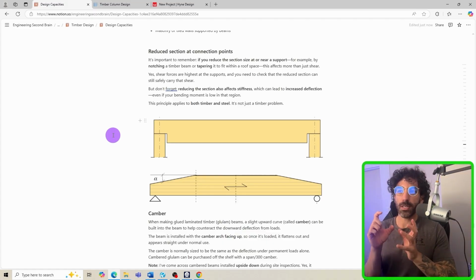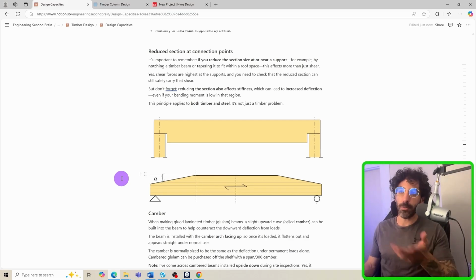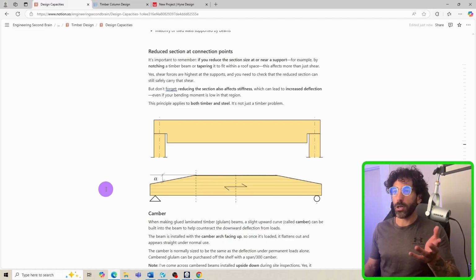Yes, you're reducing the section size close to the supports where the shears are high, so shear capacity could be a bigger issue, but at the same time, if you are reducing the cross section of the beam, you are reducing the stiffness of that member, therefore you are increasing deflection. And this applies to any other material, okay? It's not only timber. If you reduce the cross section of a steel member, or a concrete member, the deflections will increase as well. So that's just something that you should bear in mind.